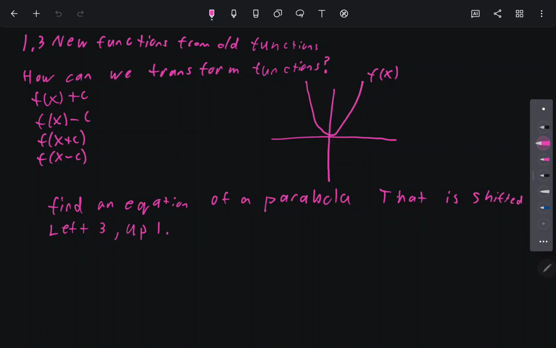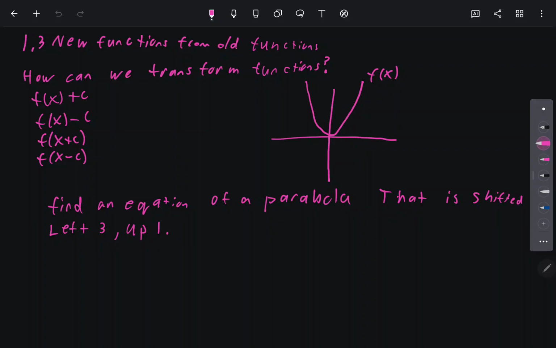I'm pretty sure most of us have learned of several parent functions, such as y is equal to x squared, or e to the power of x, or the square root of x, x cubed. We all really have this basic idea of what those graphs should look like.